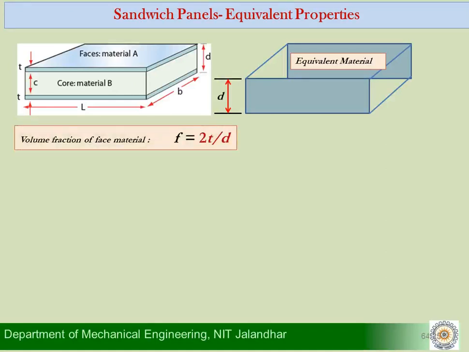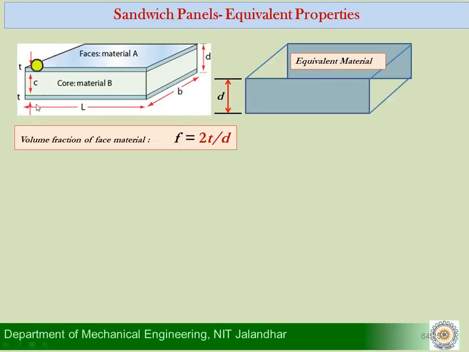So we define here the volume fraction of the face material on the same lines as we defined in the case of what we refer to as a composite material. So we can say the volume fraction of the face material, if I write it as f here, can be simply written as 2t upon d, where t is the thickness of the face and d is the total thickness.